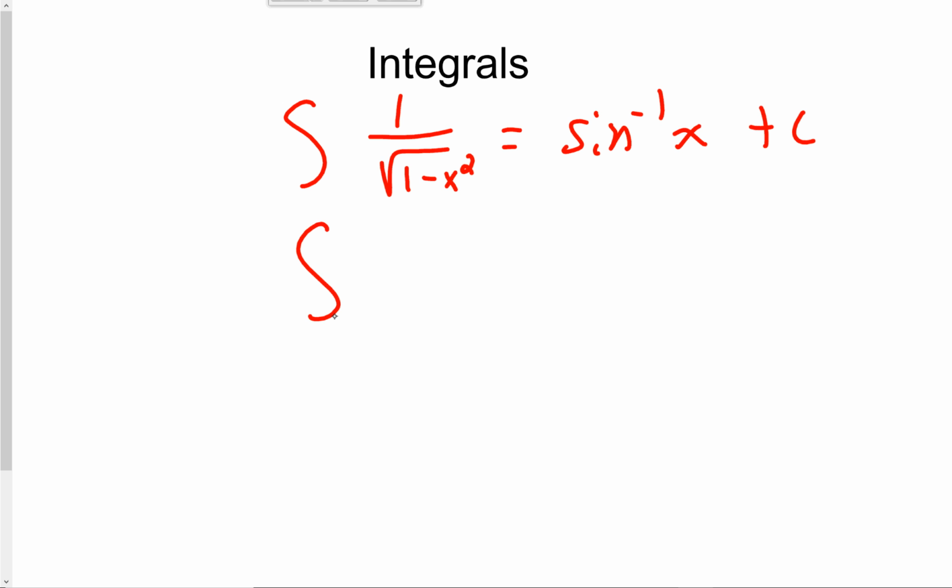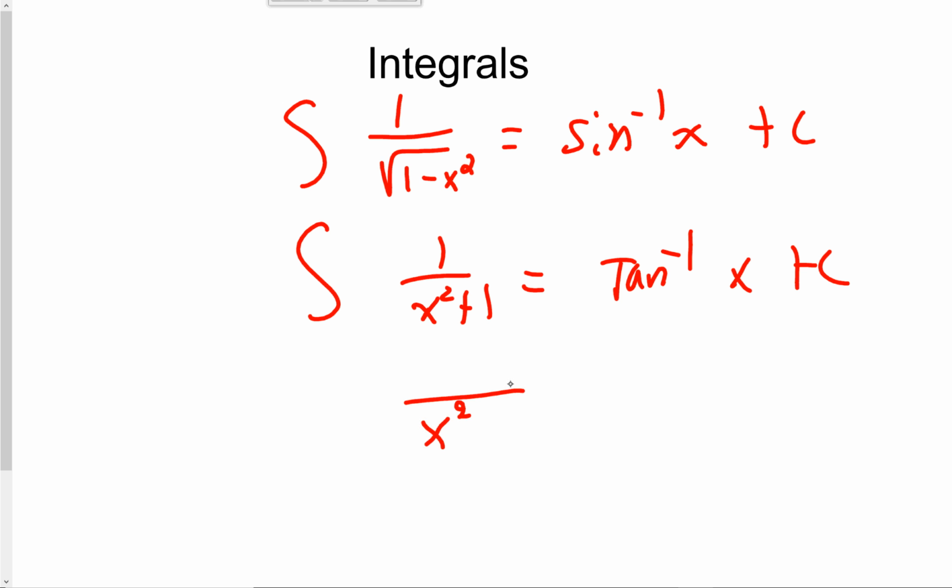Okay, then tangent was 1 over x squared plus 1. So when we take the integral of that, we're going to get the inverse of tangent, and then we add c. If you get into more complicated ones, anything that looks like tangent, where you have some x squared on the bottom and some number that's being squared, when you take the integral of that, you can rewrite it as a form of tangent.